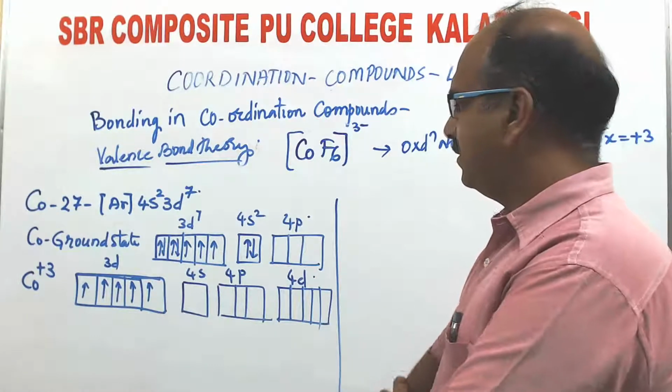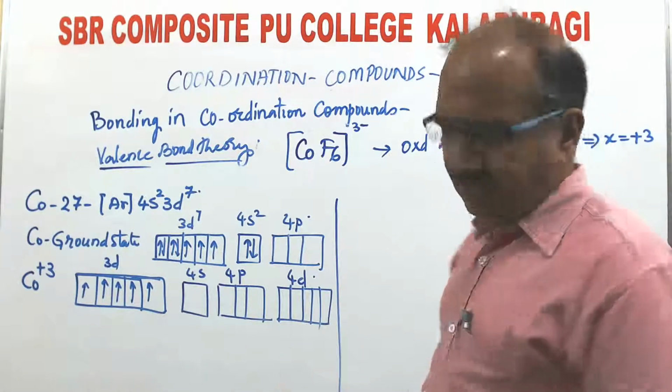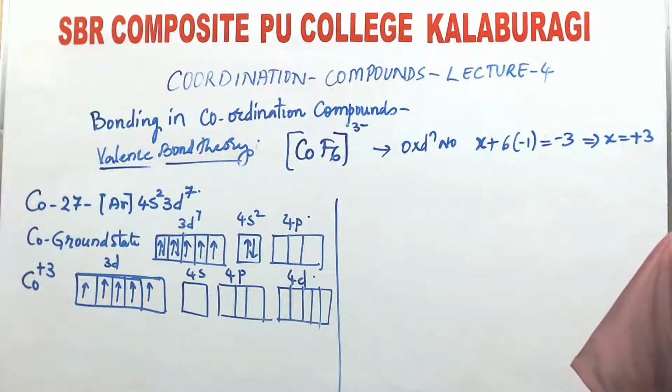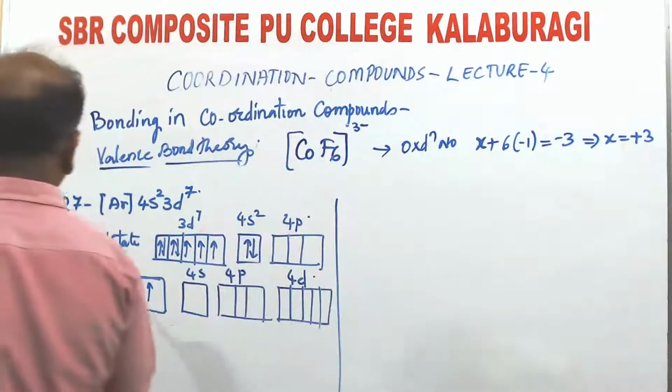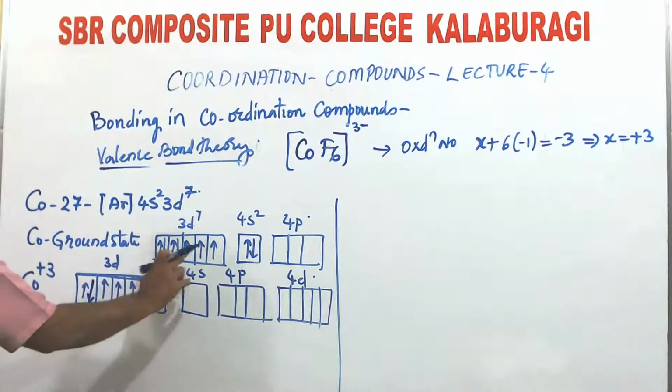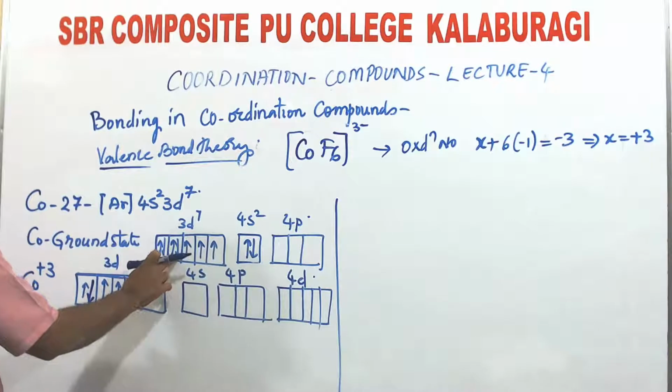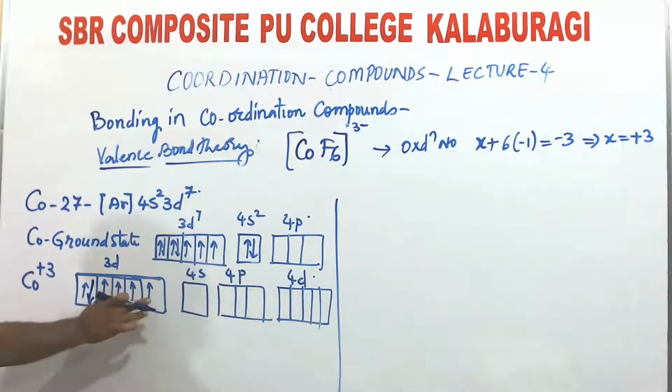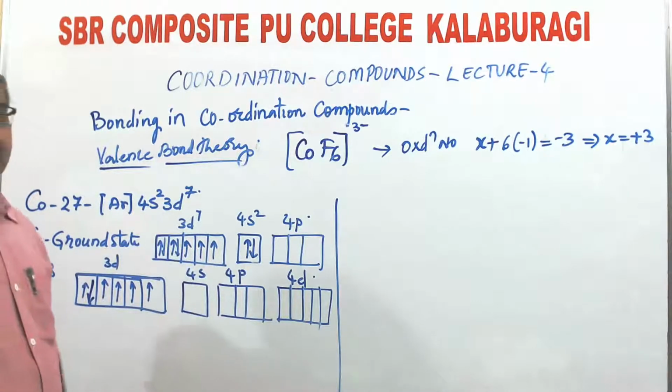Now here the 5 electrons remain unpaired. They are not going to pair up. The 4s1 electron I have to show here. 1, 2, and 3, 3 electrons are removed. So the remaining 4 will remain unpaired.